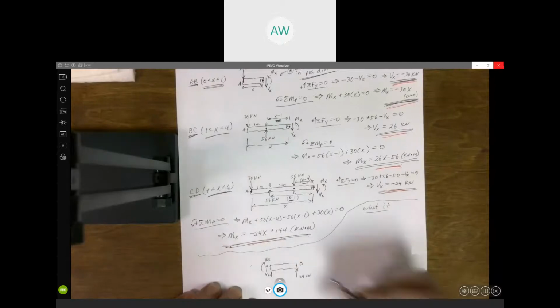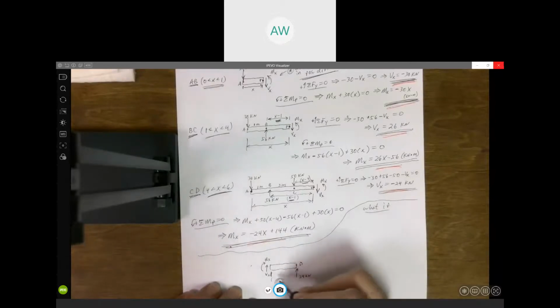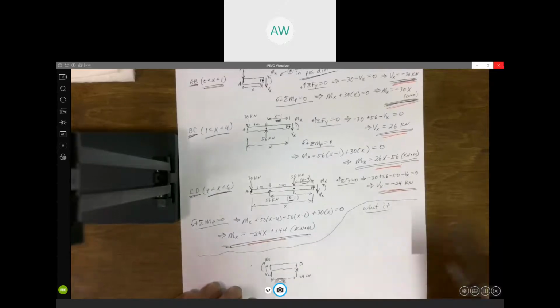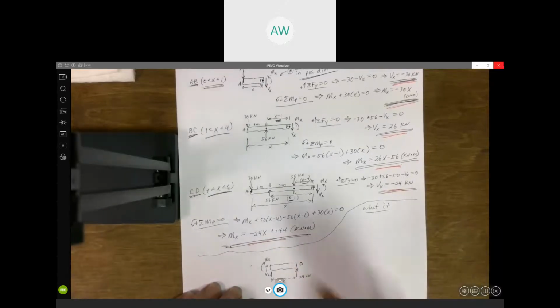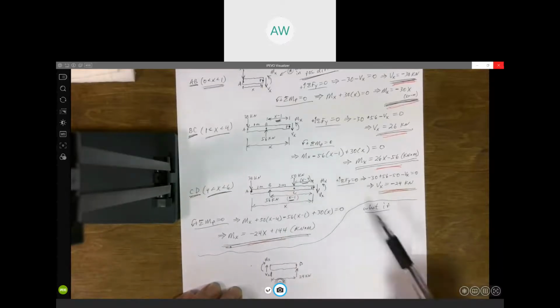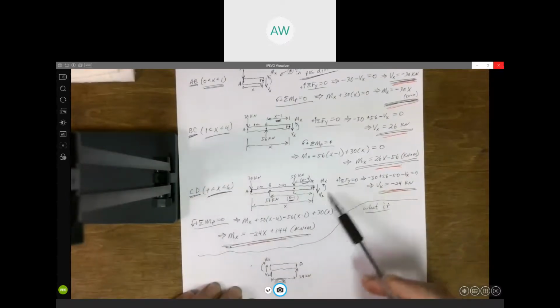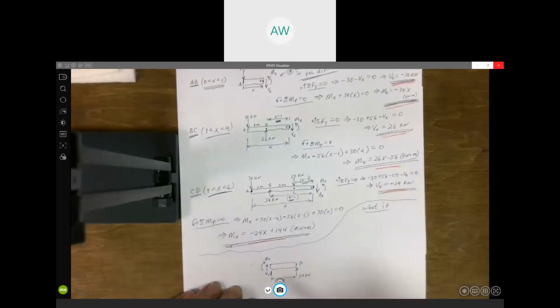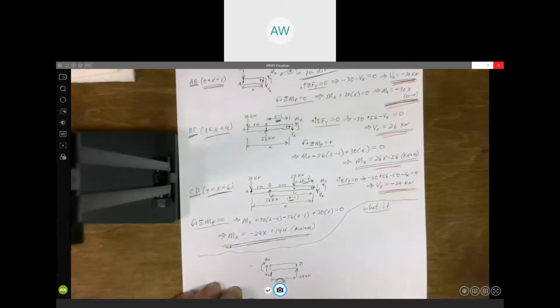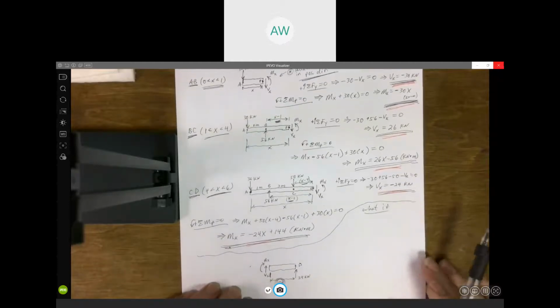But the more commonplace way students mess up is they say, okay, well, I'll come out here some arbitrary distance x and cut it. And I'll be the first to admit, solving for this is a lot less work than what I did up here. But if you do this, you're going to get the wrong equation. It's not going to be correct. And this is what I see students do quite frequently.